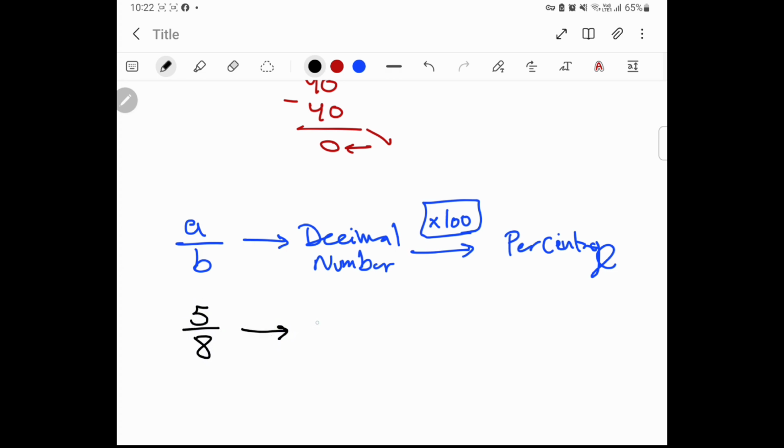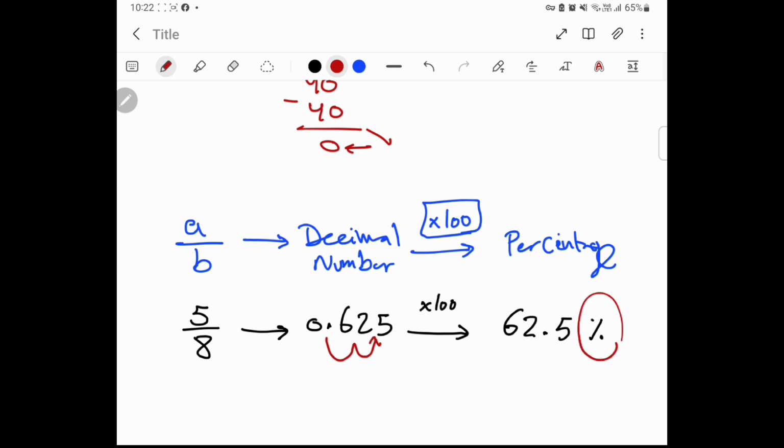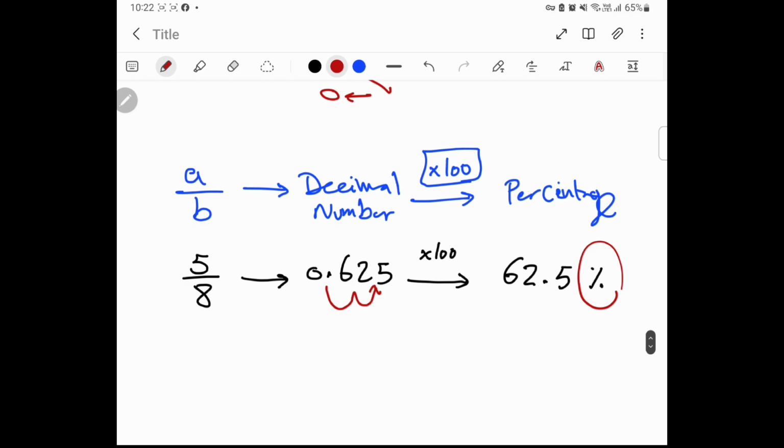When we convert it to decimal, it was 0.625, multiplied by 100. Then this will be 62.5%. Okay, so the 100 will make the decimal point move 2 places to the right. So that will be 62.5, and then you add the percentage sign. And that's it.